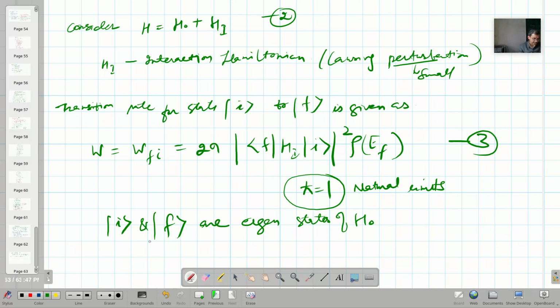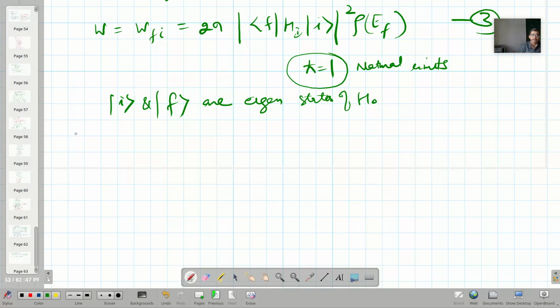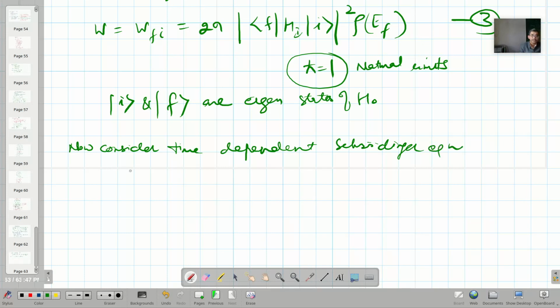Now consider the time dependent Schrodinger equation. So it is i d upon dt psi t, this represents the Schrodinger picture, so it is equal to h psi t s, and let us call it equation number 4.